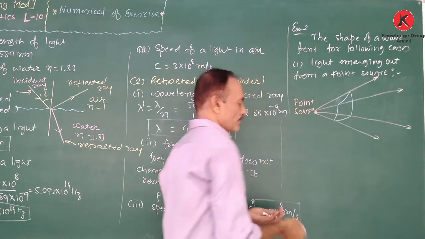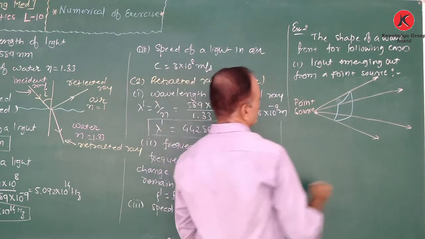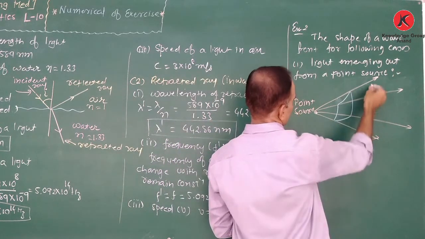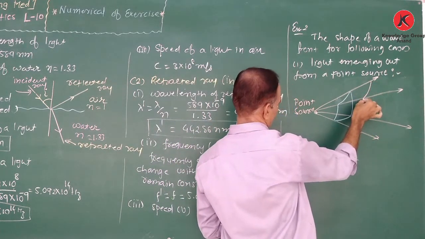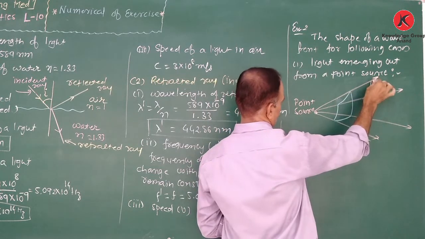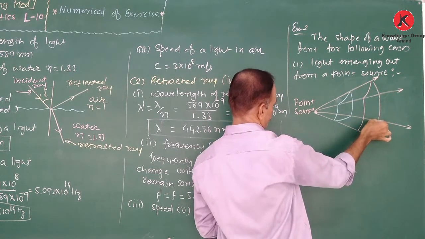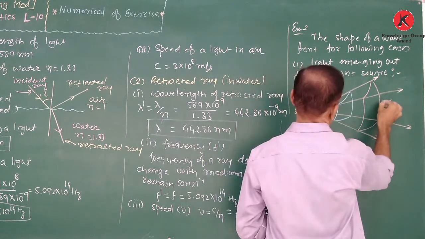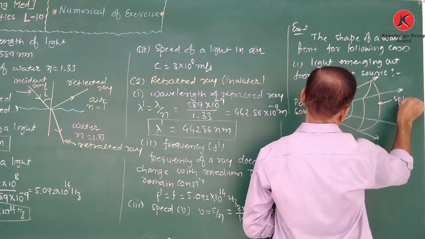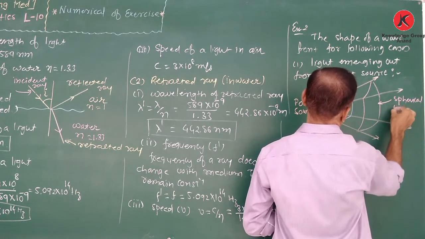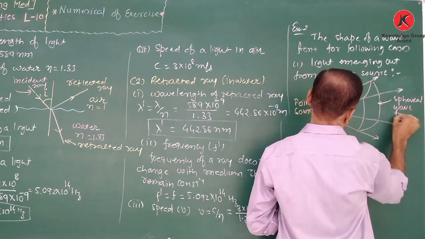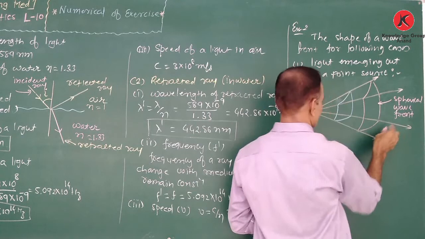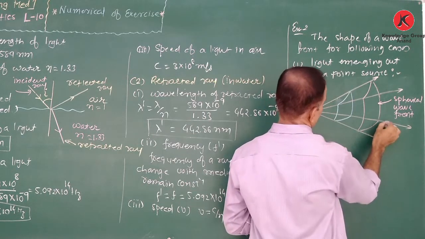This is the shape of the wavefront. Now at quite a large distance, there is the spherical wavefront, and this is the light emerging out.